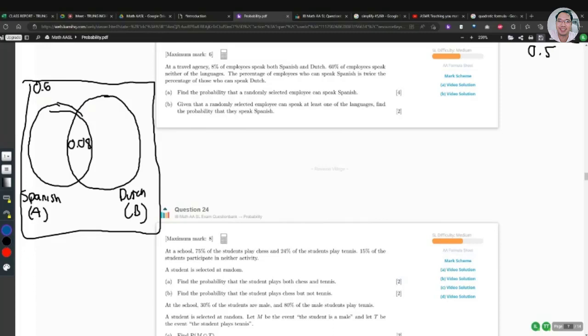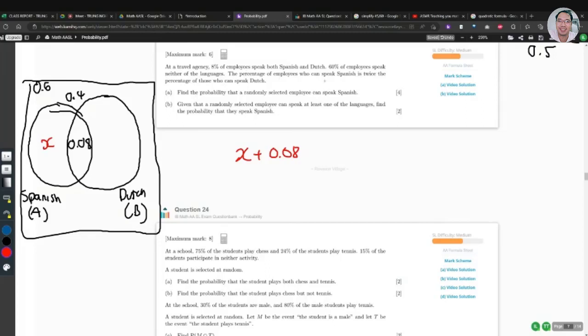The percentage of employees who can speak Spanish is twice the percent of those who can speak Dutch. Let's assume that this is x. x plus 0.08 is the percentage of people speaking Spanish.